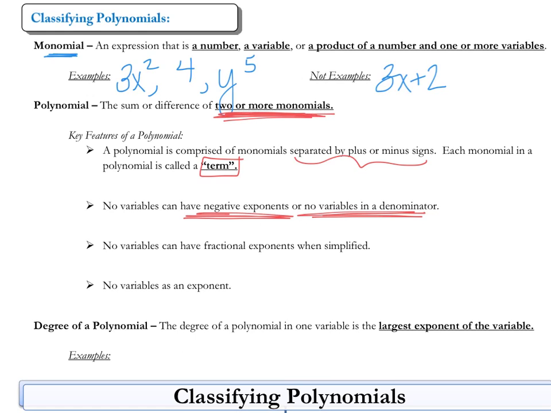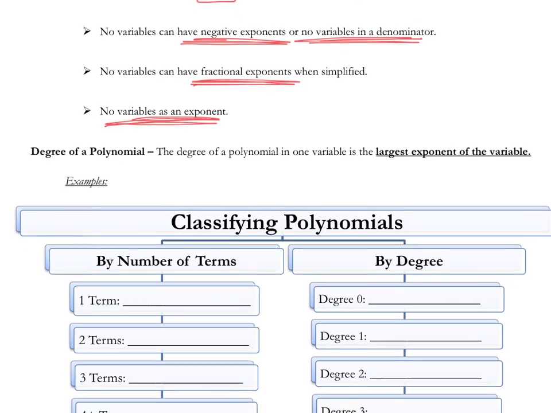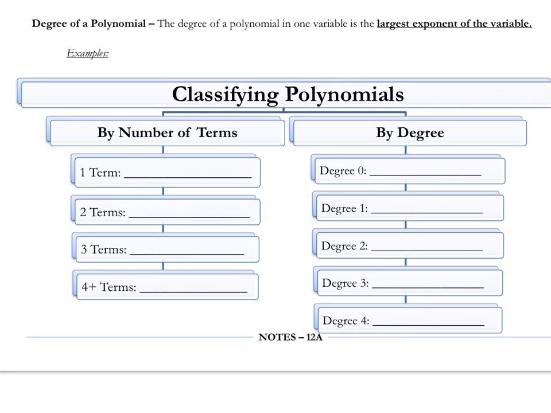Also, no variables can have fractional exponents, and lastly, no variables as an exponent. So, for example, an exponential function would not be a polynomial. So this part is review for us.